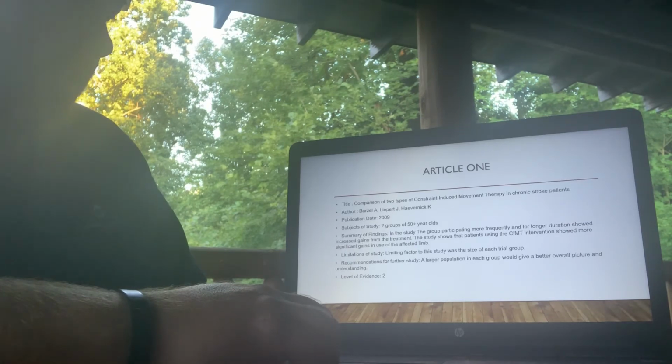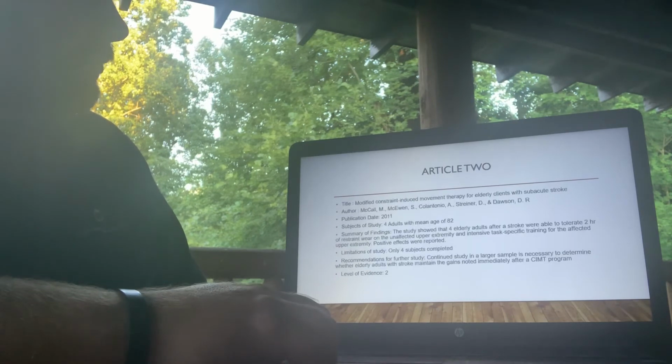They did show significant gains in the affected limbs. One of the limits of that study was a very small trial size for each group, so one of my recommendations would be a larger population in each group. And with that being a culmination of professionals over a randomized group, I put that at a level 2.